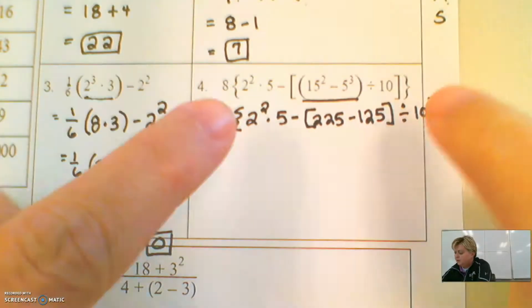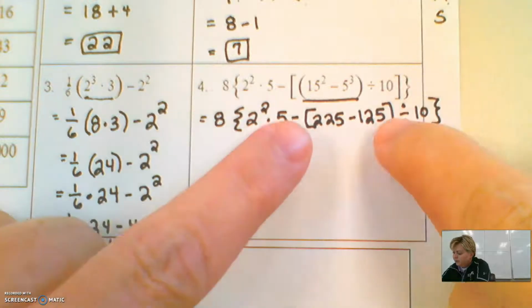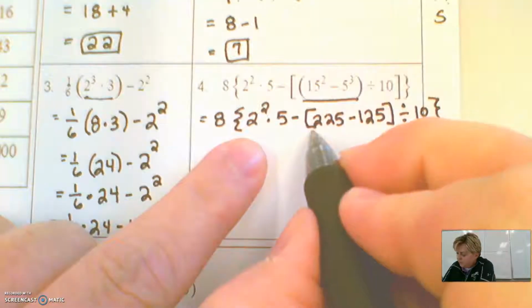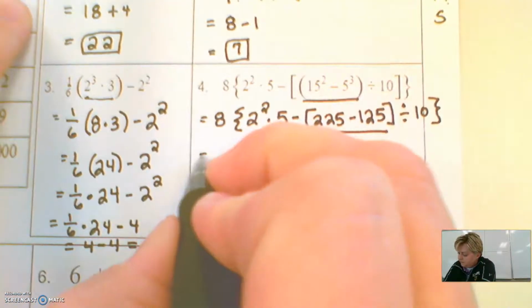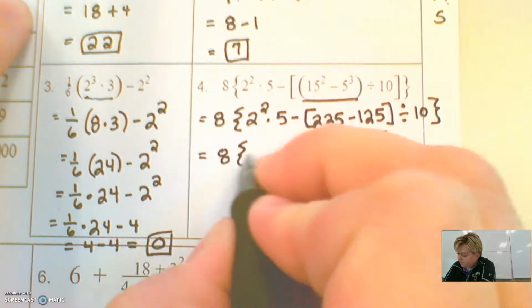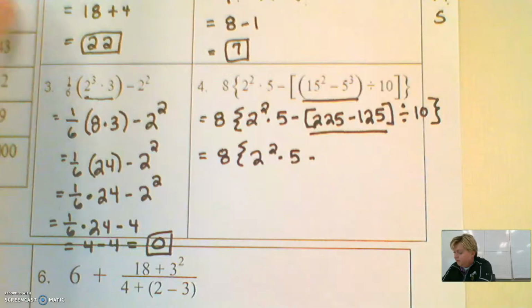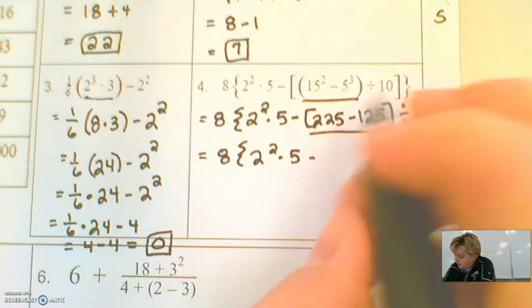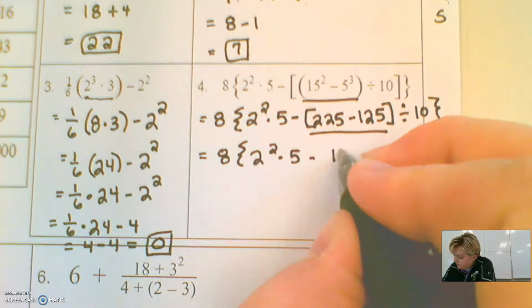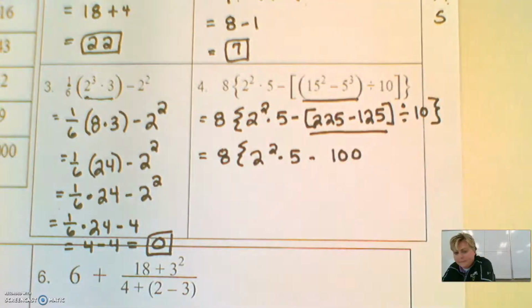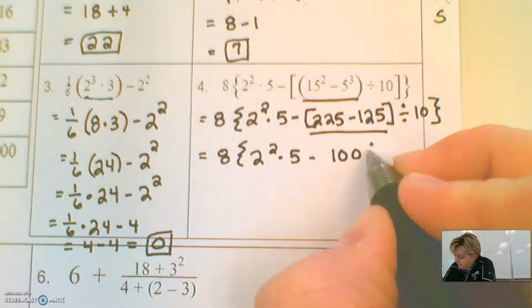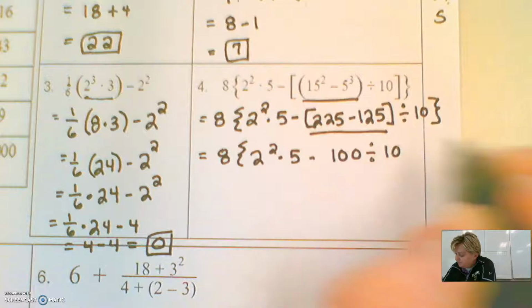Still have grouping. Work your way inside. So this part is next. 225 minus 125 is 100. Divided by 10.